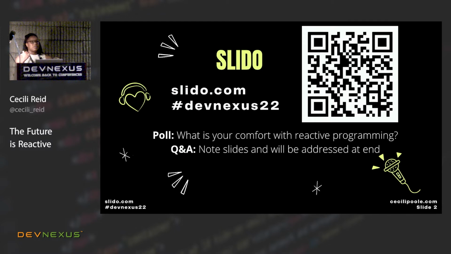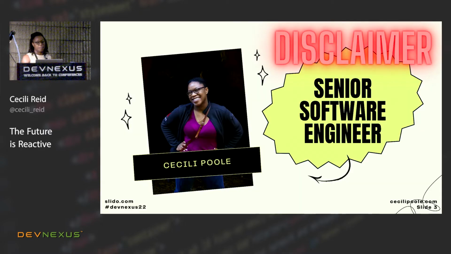So while everyone comes in and brings up Slido and answers the poll, I'll tell you a little bit more about myself. My name is Cecili Reid. I'm a senior software engineer at Netflix. I've been there for about 1.5 years on their content acquisition and finance engineering team. Basically, that means I build a bunch of accounting software for production accountants, tracking budget, cash flow, all of that stuff for Netflix productions.